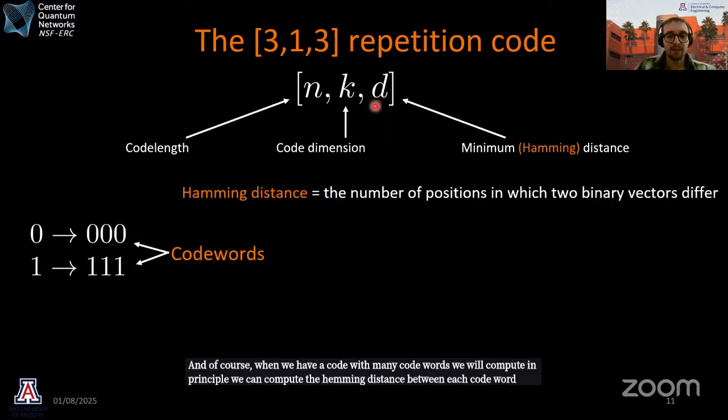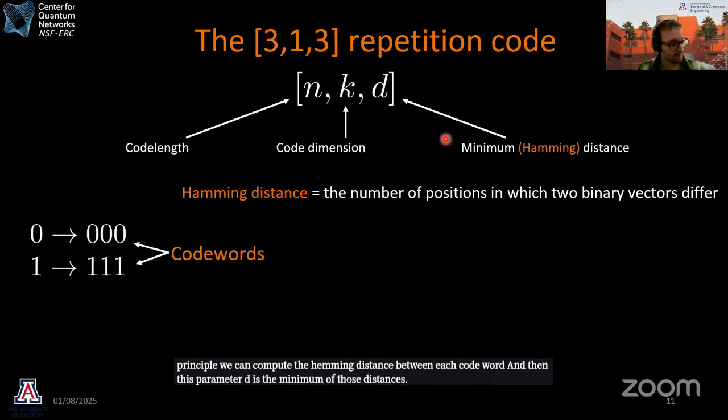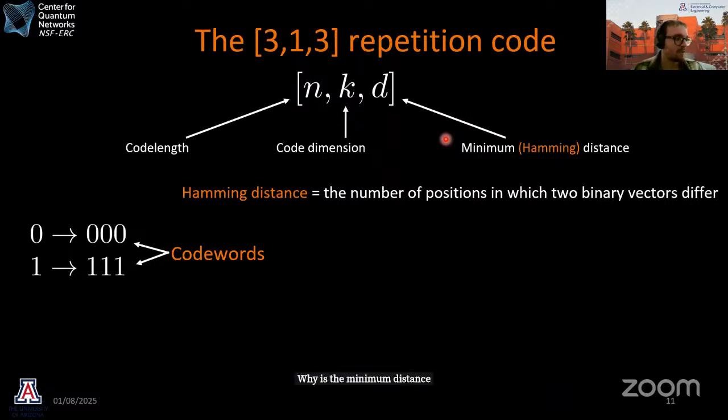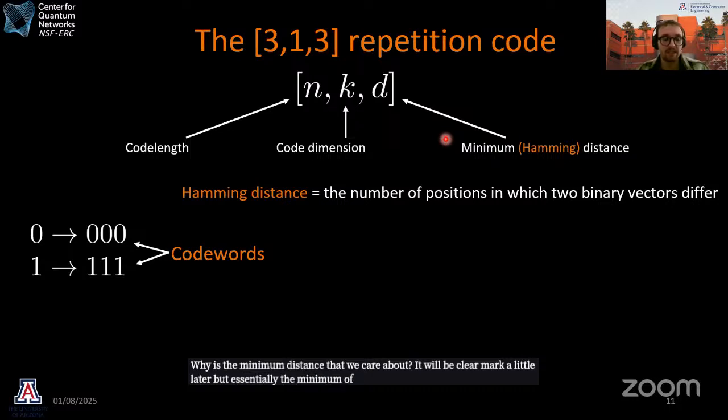And then this parameter d is the minimum of those distances. Why is the minimum distance what we care about? It will become more clear later, but essentially the minimum of these Hamming distances defines how much our code can correct, how many errors we can correct.